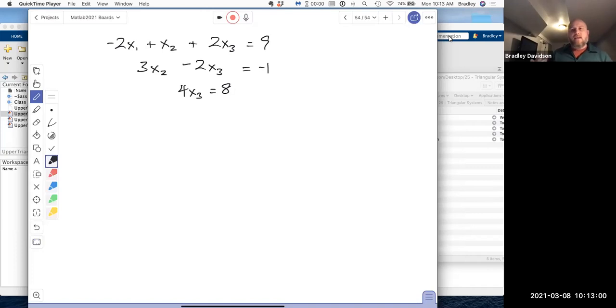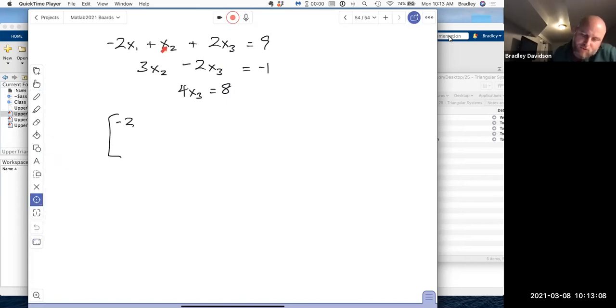And so in AX is equal to B form, we get the matrix A being negative 2, 1, 2, and then 0, 3, and negative 2.